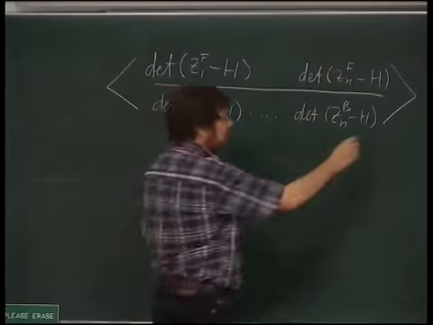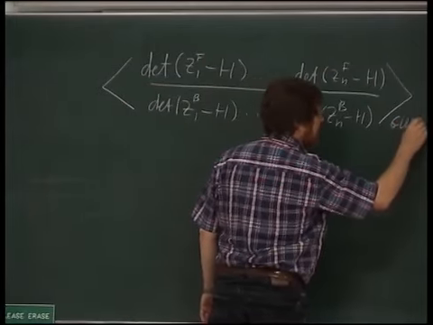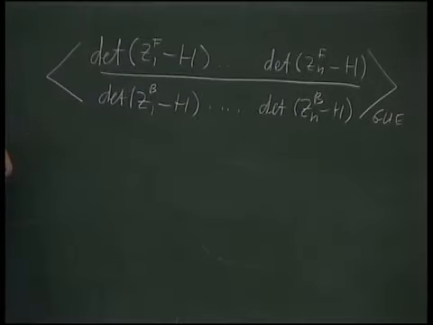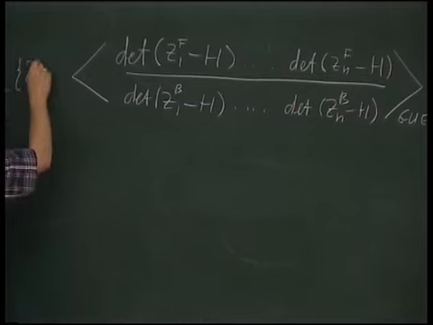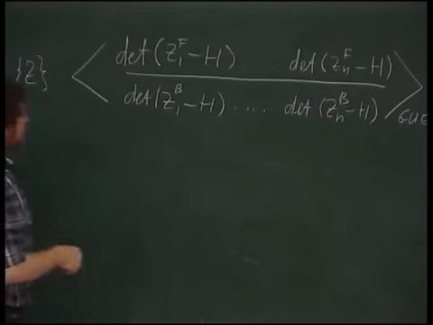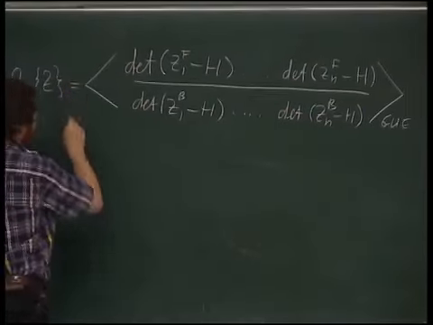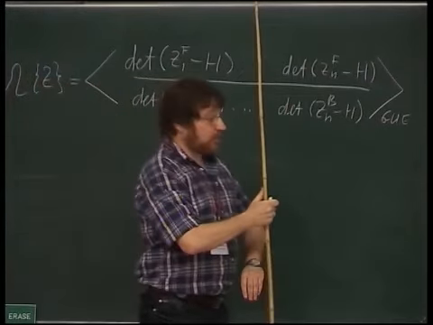demonstrated how to perform this averaging explicitly, and this is, I think I call it omega, of all these z's arranged in terms of a diagonal matrix.